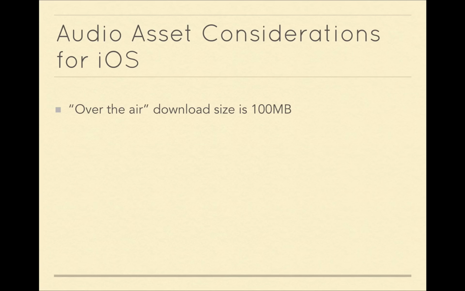So it's very much in their interest to have their total app size be under 100 megabytes. And there's some ways around this. You could have the initial app size be under 100 megabytes, and then there could be additional download content after they get the app.